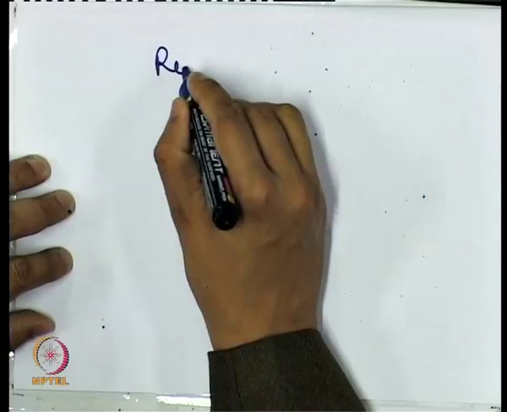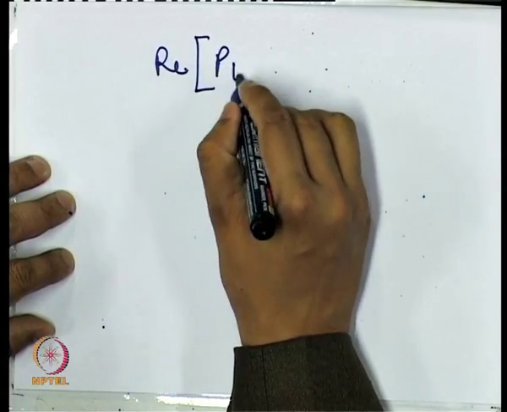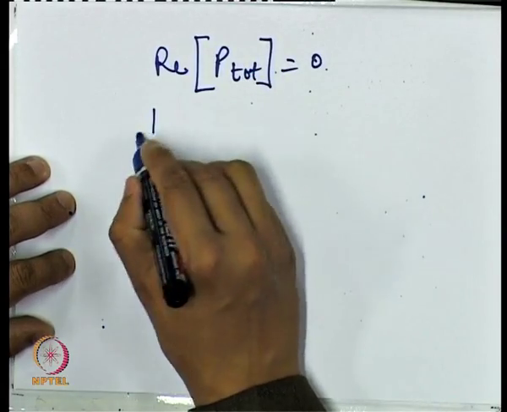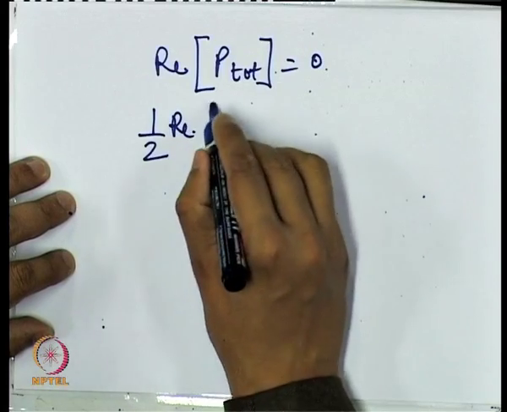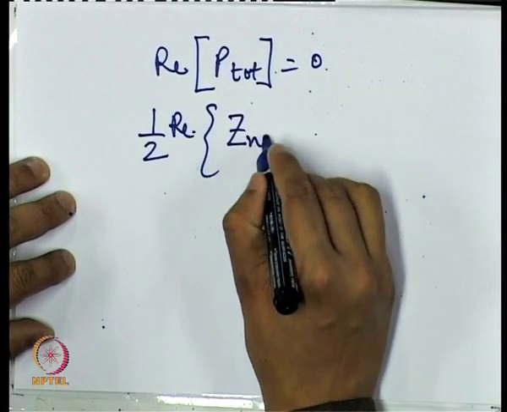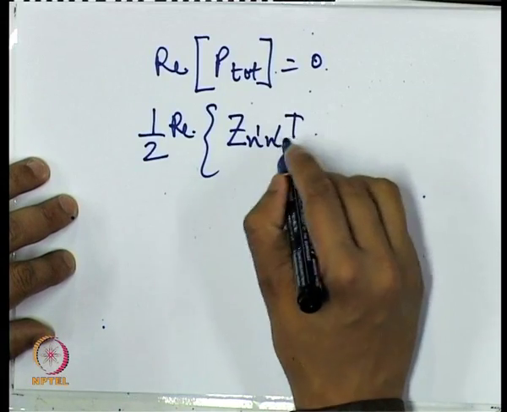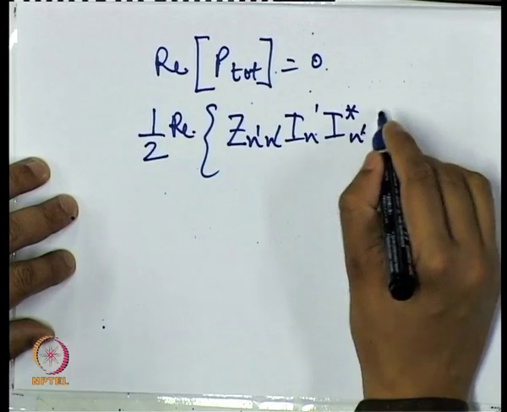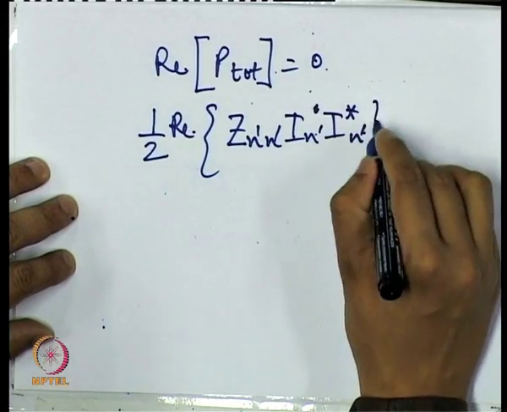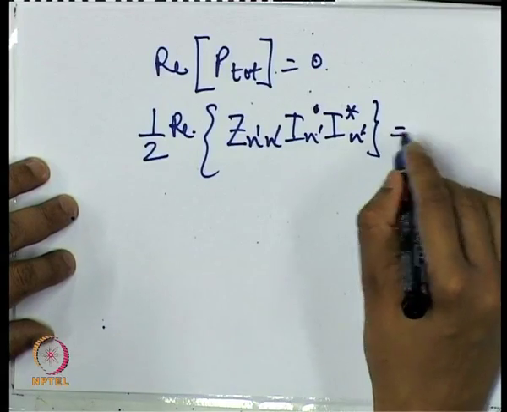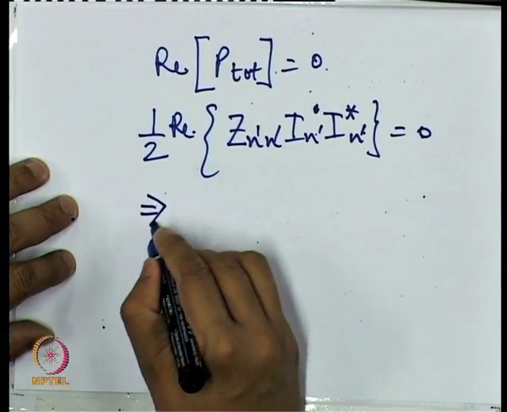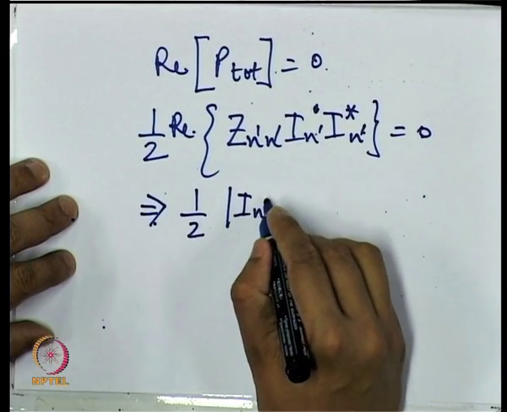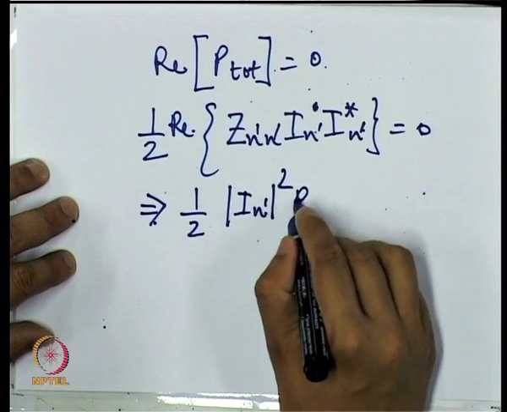For the real value of P total to be equal to 0, we should have half of real Z N dash N dash, I N dash, I conjugate N dash should be equal to 0, and this implies that half of I N dash whole square times real Z N dash N dash is 0.